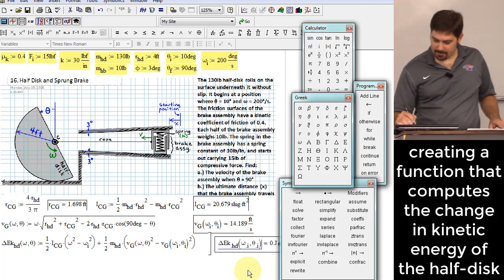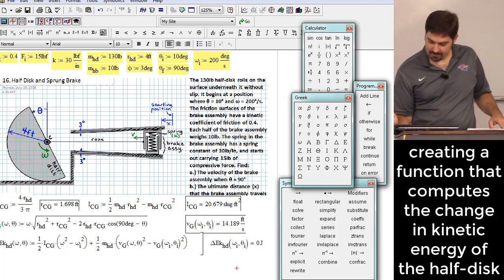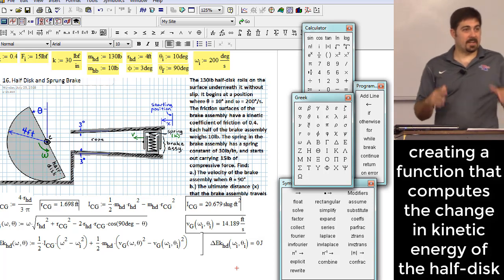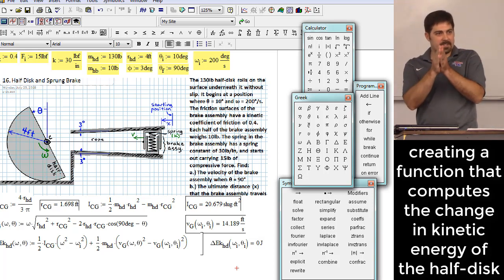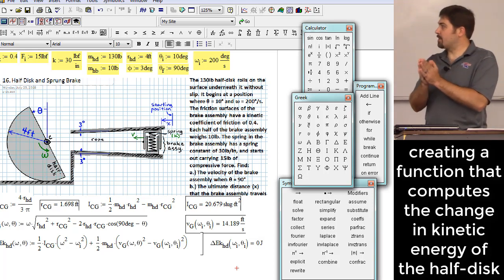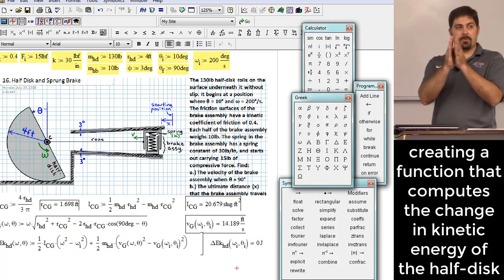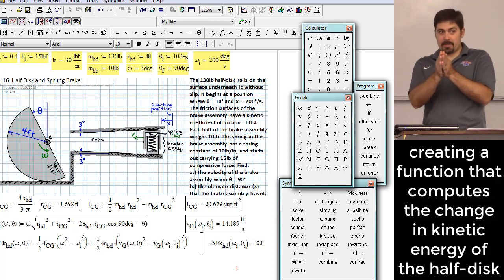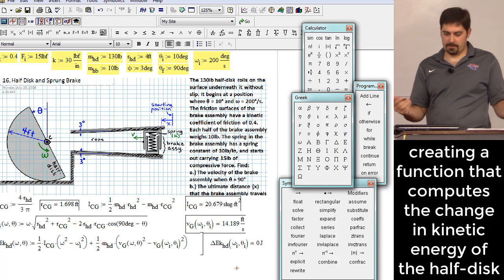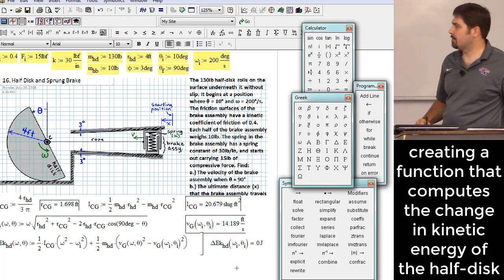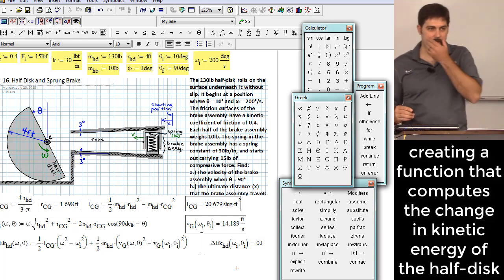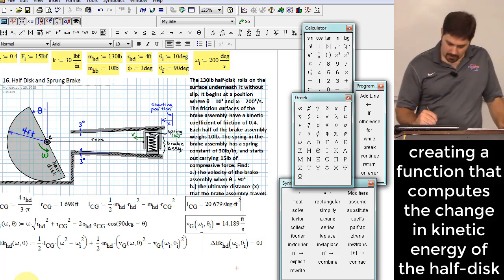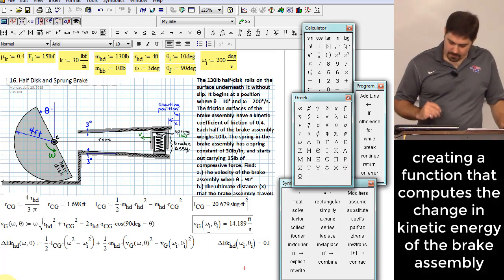He says 0. Why? Because you're subtracting the same values. It hasn't gone anywhere. This is the amount of energy that I have right at the beginning, so the amount of change from that point to that point is not going to be anything, right? So it's good that that turns out to be 0. If it didn't, I'd be worried about my function that I put in there. All right, so far so good.